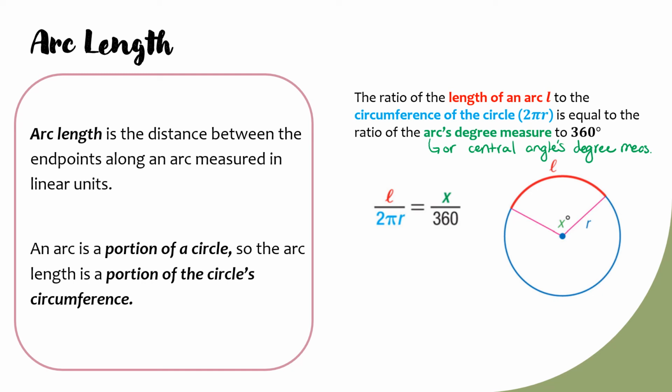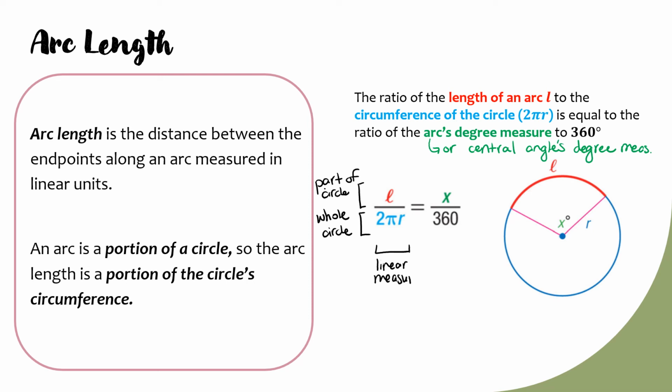Notice in our proportion, of course, 2 equal ratios, we have the piece of the circle, so part of the circle, over the whole circle. In one ratio, we have the distance, the linear measure.